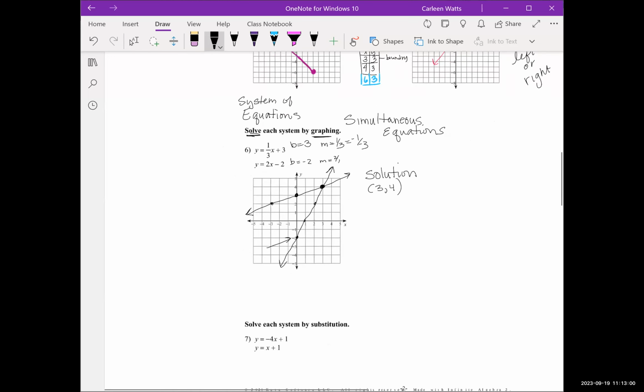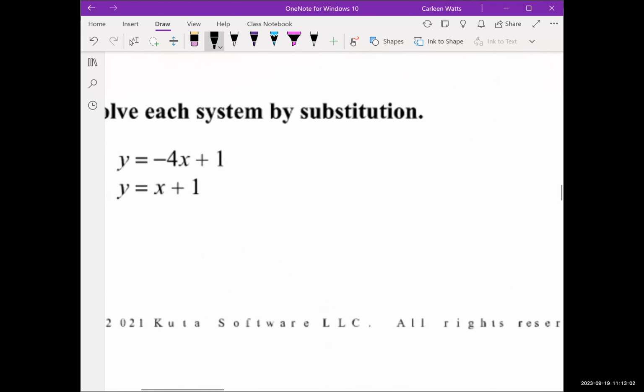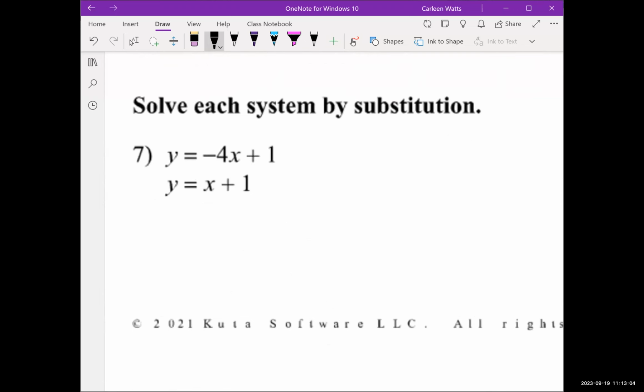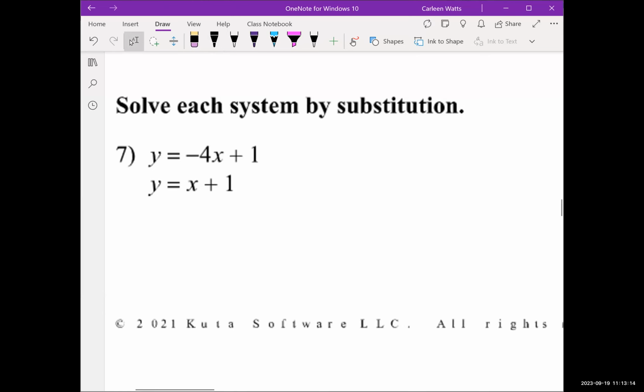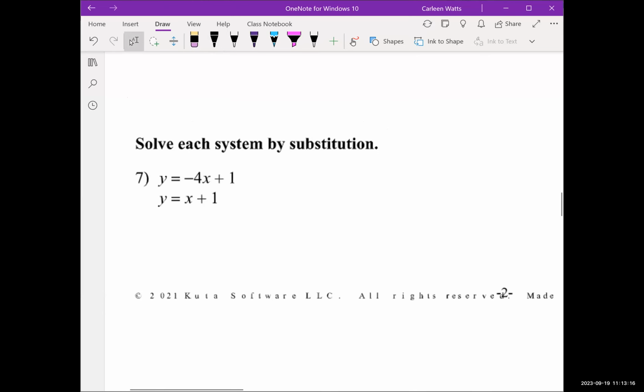Okay. So here's another one. Now, what if we don't want to graph? You know, I don't really like graphing all the time. So this is solve by substitution case A, where both are in y equals form.